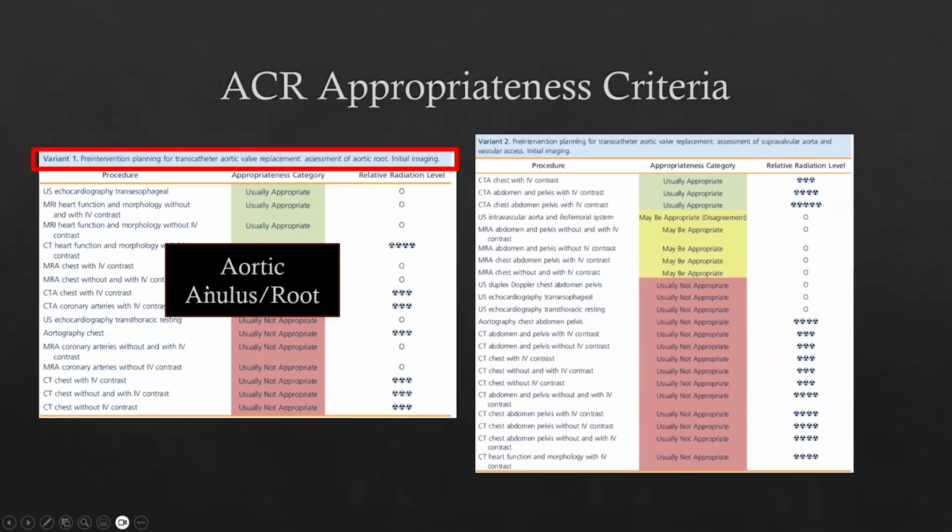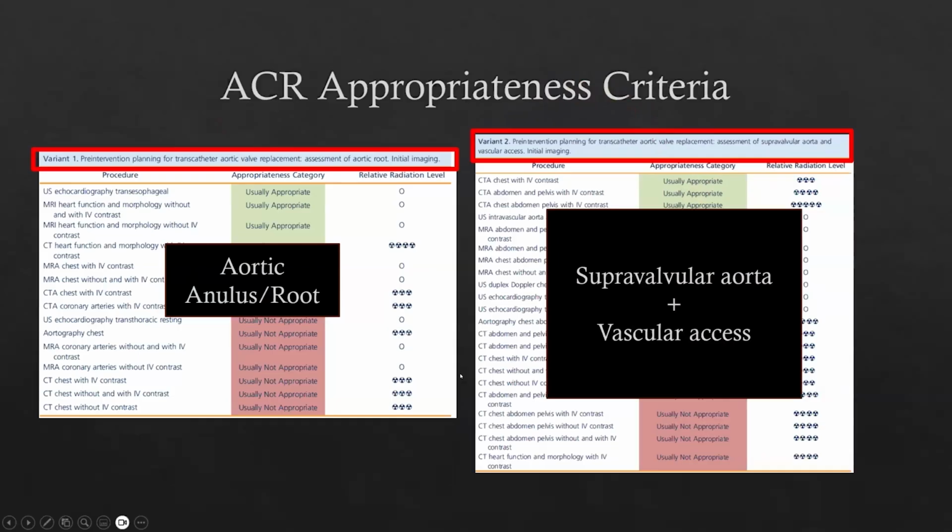One focuses on the aortic annulus and the aortic root, and the other focuses on the supravalvular aorta, the aorta in the thorax, abdomen and pelvis, as well as the iliofemoral vessels and vascular access. This is important for interventional navigation and planning, and the aortic root annulus is more important for choice of valve prosthesis, sizing of prosthesis, etc.